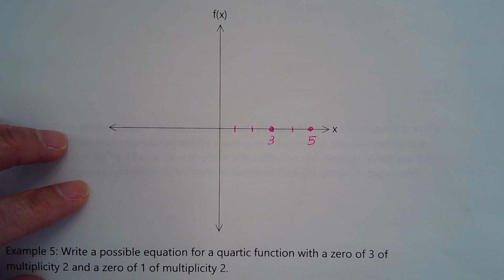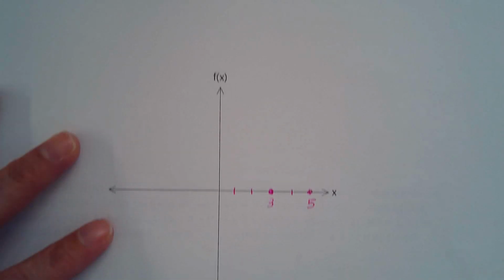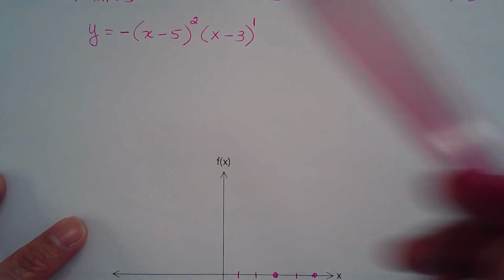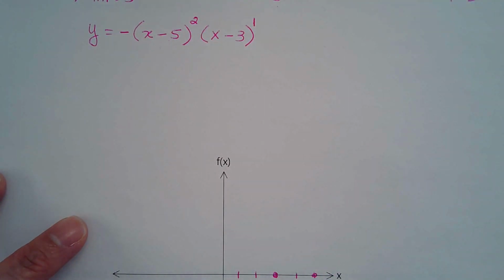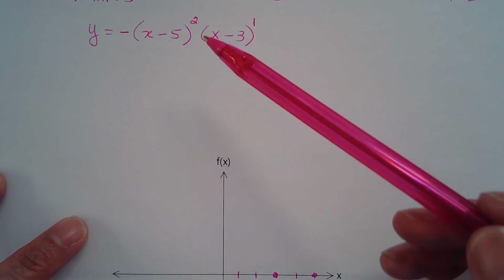What do you think, what's a y-intercept here? What's a possible y-intercept? So this is one of the possible equations. What's a possible y-intercept?